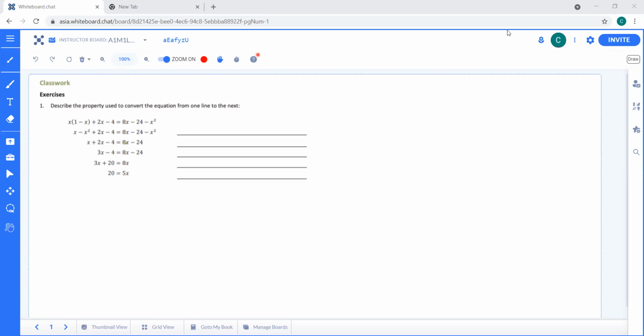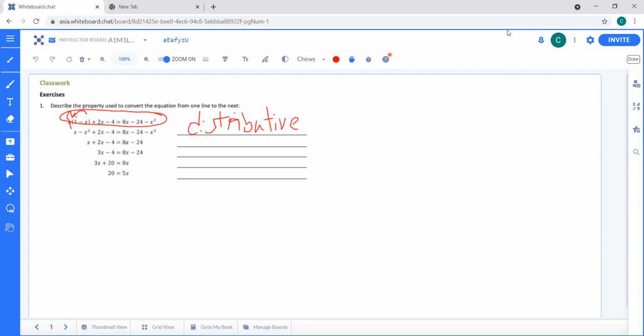This is our original. Now, what do they do on the one below it? Well, they distributed this x right here to both of them. So this is just distributed. Now, what did they do? X minus x squared.